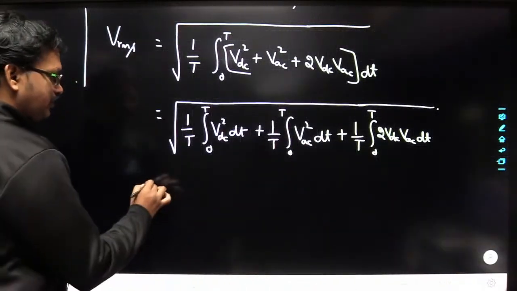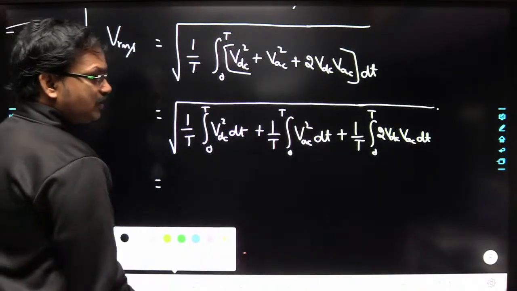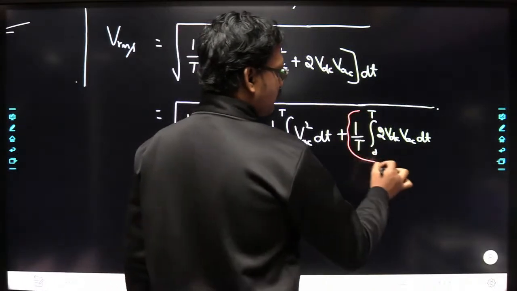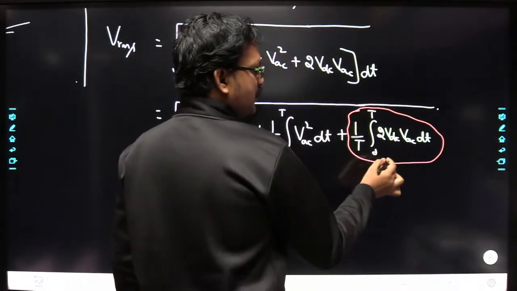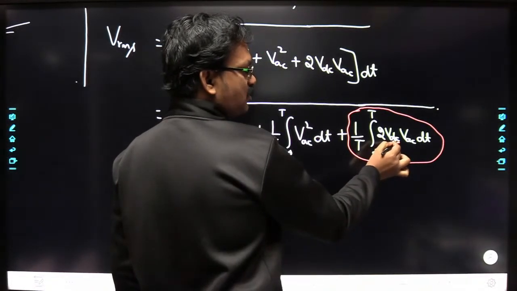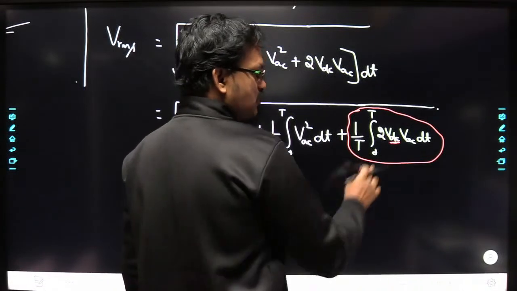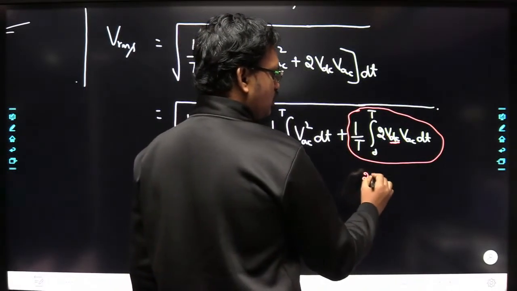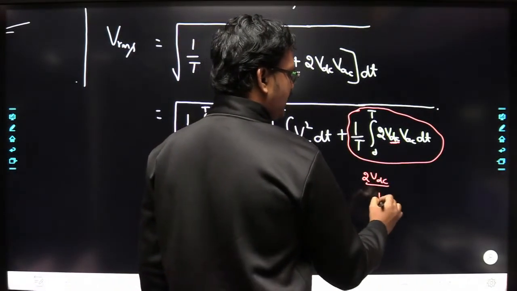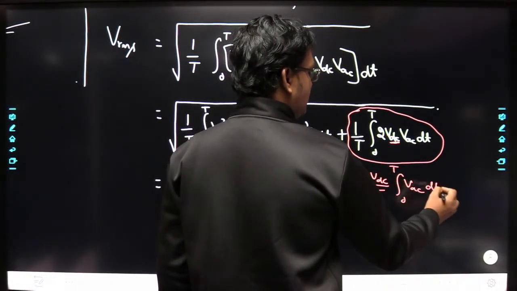If you observe this term, this is pure DC. DC means it is constant with respect to time, so you can take it out of the integration. You get 2 Vdc by T integral 0 to T Vac dt.